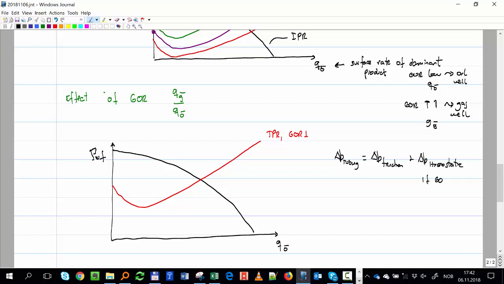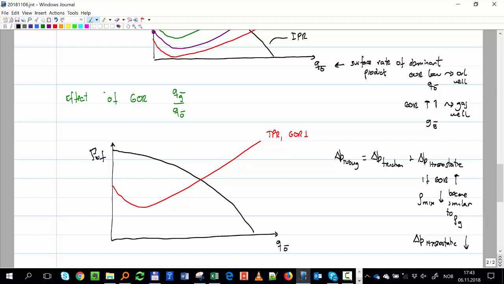If GOR is higher, the density of the mixture in the tubing goes down, or becomes similar to the density of the gas, and therefore delta P hydrostatic will go down.